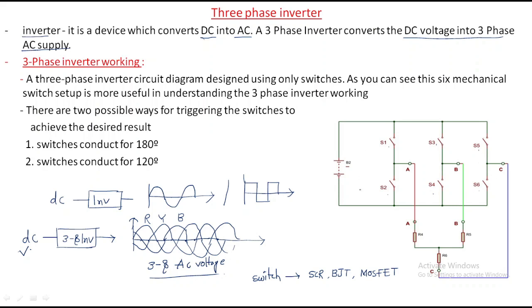These switches are useful to generate the three-phase AC supply. Understand? The switches are anti-parallel connected with diodes, though we have not drawn them here. This is diode 1 and this is diode 2. Just note it, in the examination it is better to draw this diagram with diode 3.